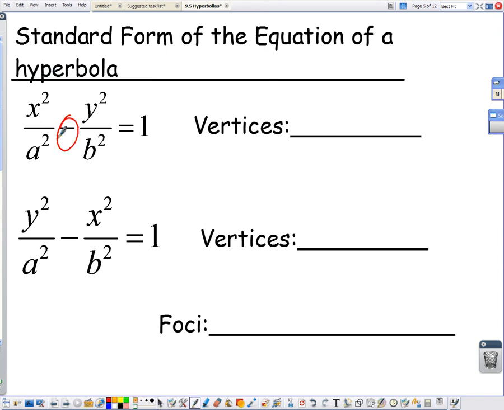And they're going to alternate depending on how the graph lies. So if it's x squared first, then the vertices are going to be on the x-axis.